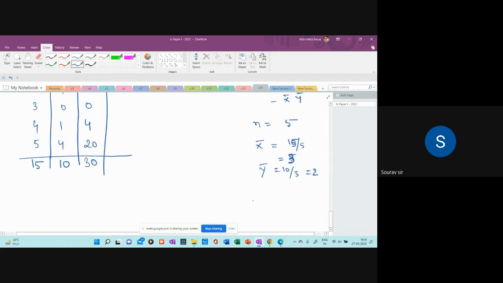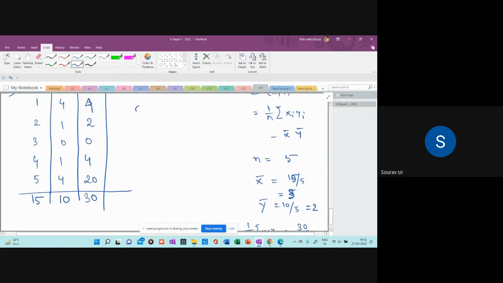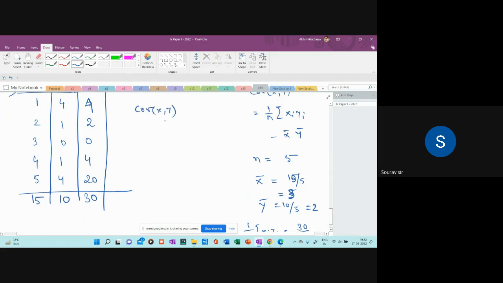We are left with finding 1 by n summation xi yi, that is 30 by 5, which is 6. So the covariance of xy is 30 by 5 minus 15 by 5 into 10 by 5. So 6 minus 3 into 2, that is equal to 0.